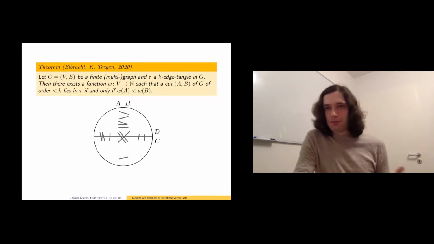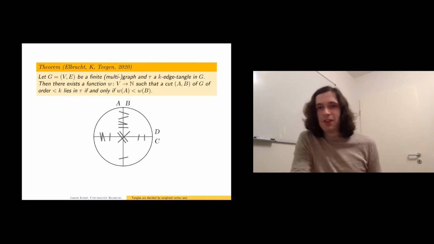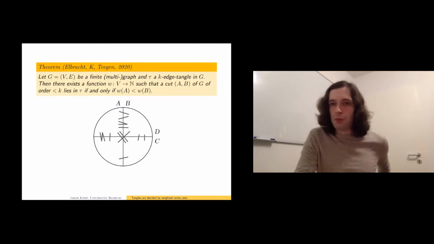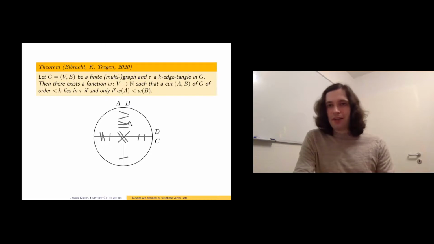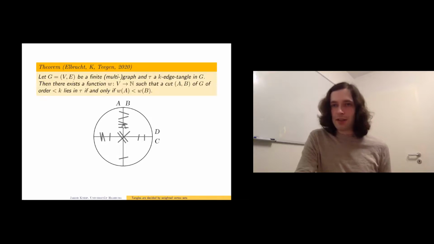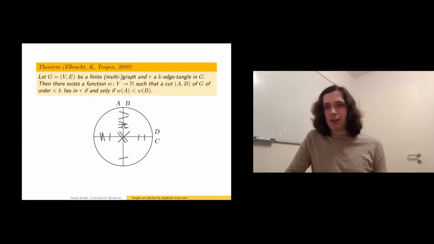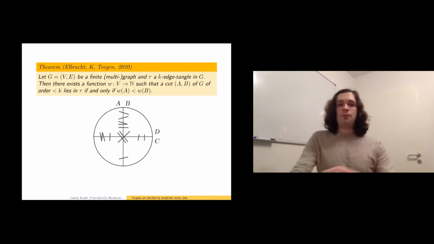So this is now the only real deviation from the proof before, that when defining the weight function on the vertices, you have to account for the multiplicity of edges appearing in these cuts. But with that, the argument works in exactly the same way.